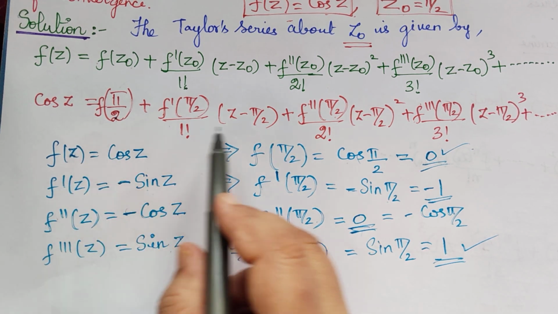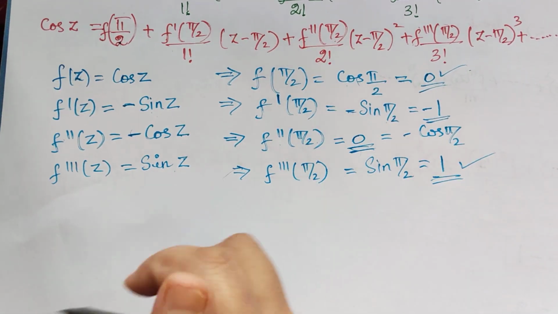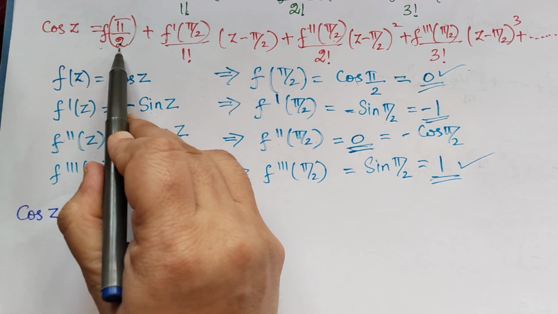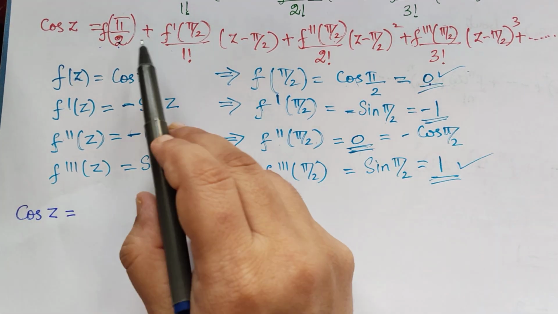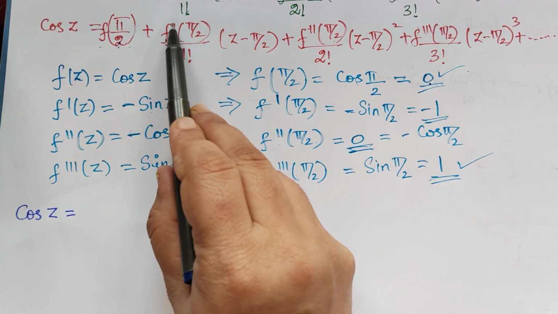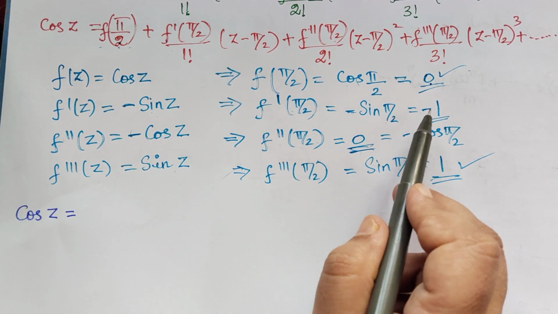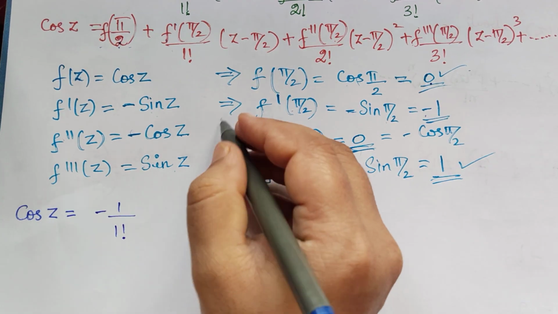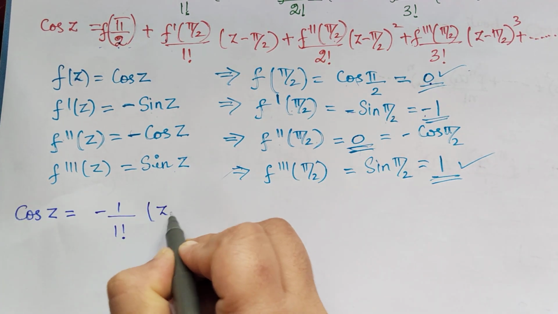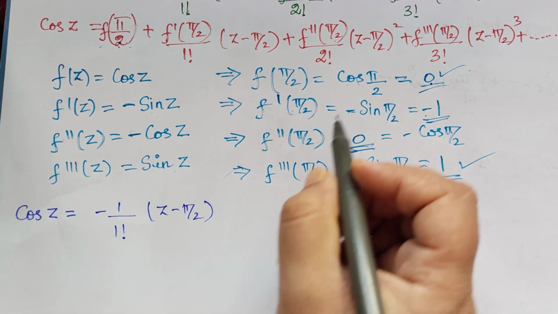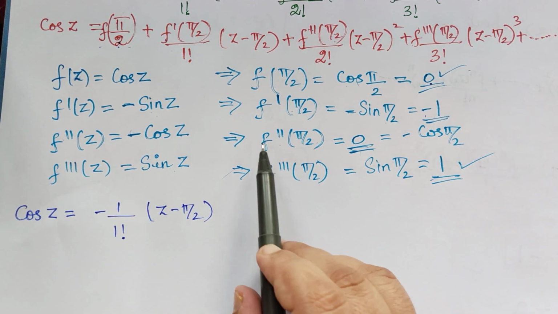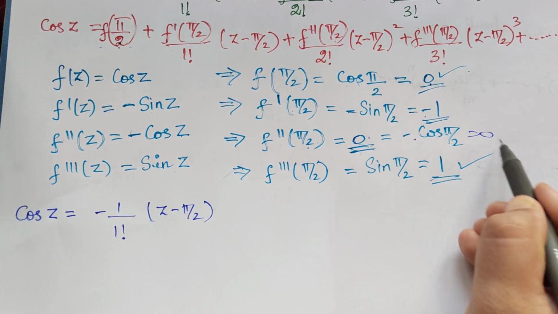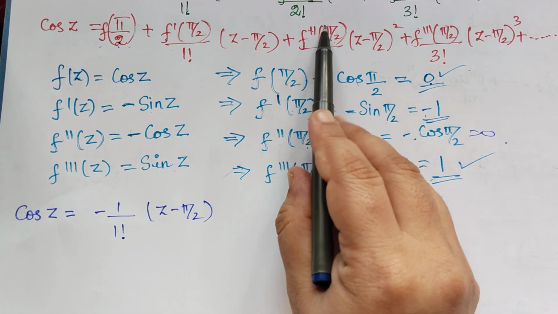So therefore the expansion turns out to be cos z is equal to, what is f of pi by 2? It is 0. Then we have f dash of pi by 2, which is minus 1, so minus 1 by 1 factorial multiplied with z minus pi by 2. And then f double dash of pi by 2 is 0, so this term vanishes.